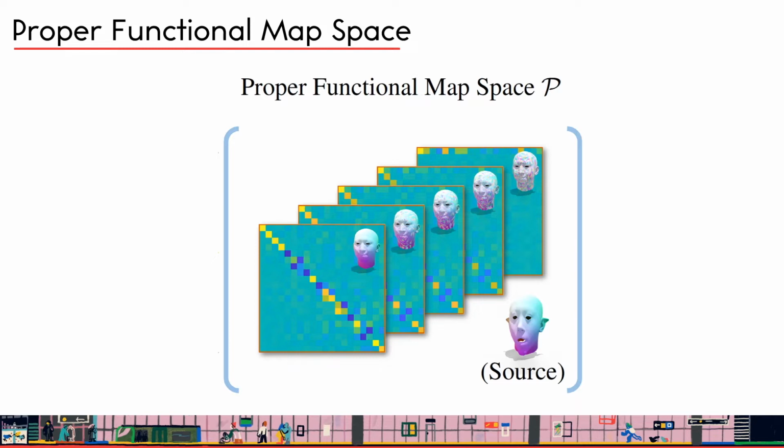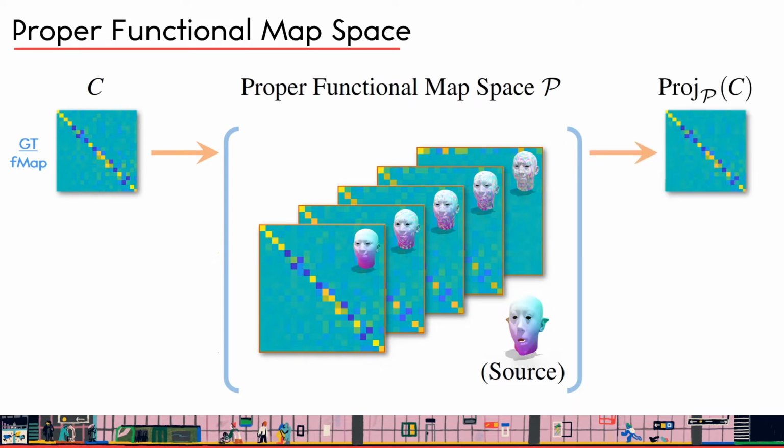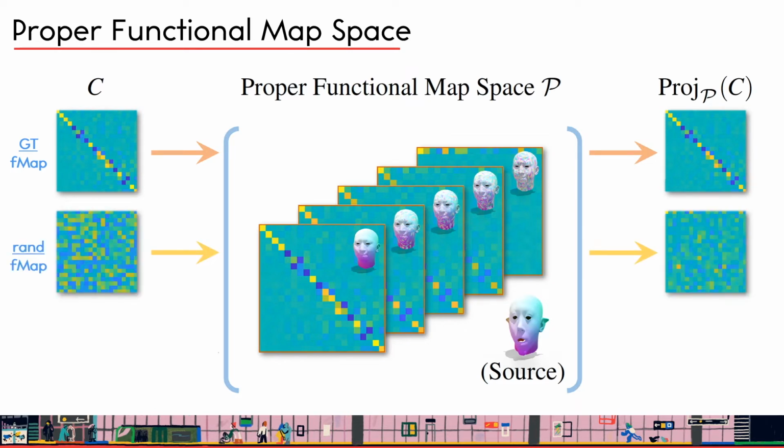For example, a ground truth functional map is derived from the ground truth pointwise map correspondences. It is already a proper functional map, therefore the projected proper functional map is itself. A random functional map can be far from proper. We can see that the projected proper functional map is very different from the original one.